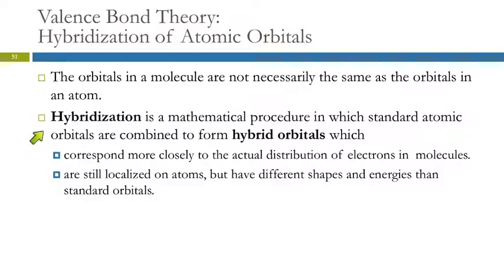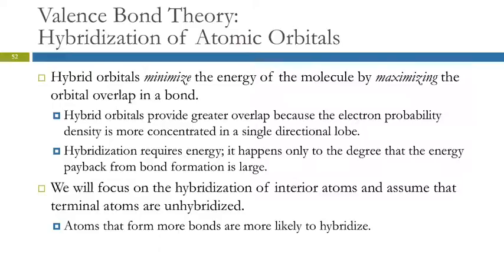So this hybridization corresponds more closely to how the electrons are actually distributed in molecules. They're still localized on the atoms, but they have different shapes and different energies than the standard orbitals. By hybridizing, we can minimize the energy of the molecule by maximizing the orbital overlap.